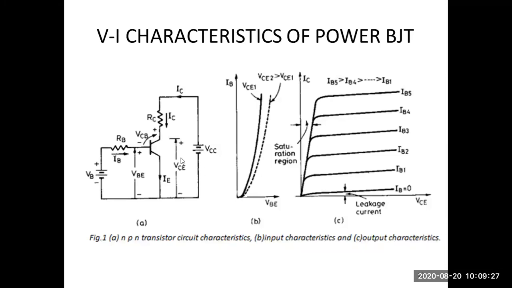So with increase in VB, the base current, the input current, keeps on rising with a fixed VC. For example, if VC is 2 volts, this dotted line represents the performance. If VC is 5 volts, 6, 7, 8, likewise for different fixed output voltages, we can raise this input voltage.